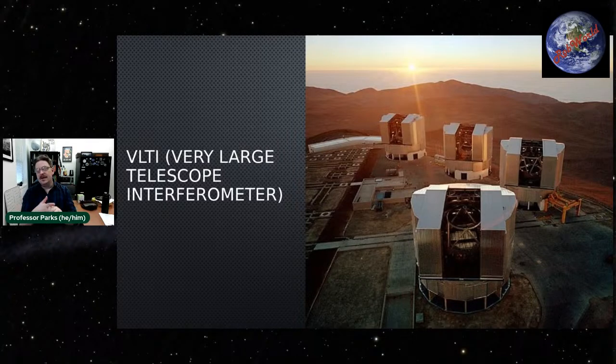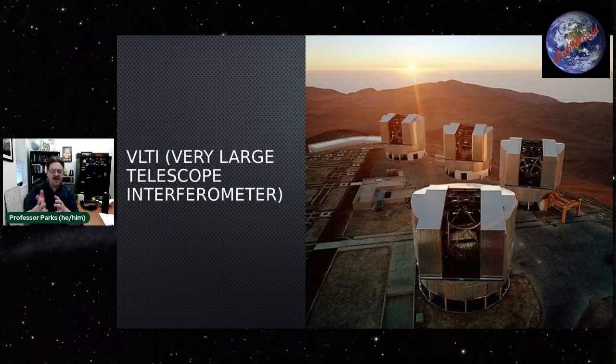Anyway, I digress. But let's talk about interferometry. Interferometry, as I said, is the process of using multiple telescopes, observing the same object, collecting light from those telescopes, and combining that light in such a way as to simulate a telescope with a mirror or a collecting area as large as the separation of those telescopes.